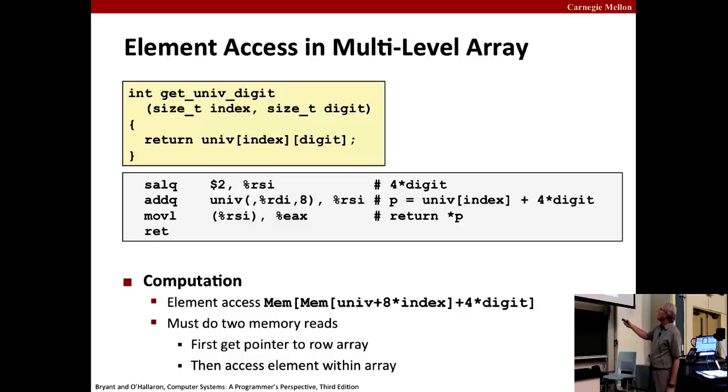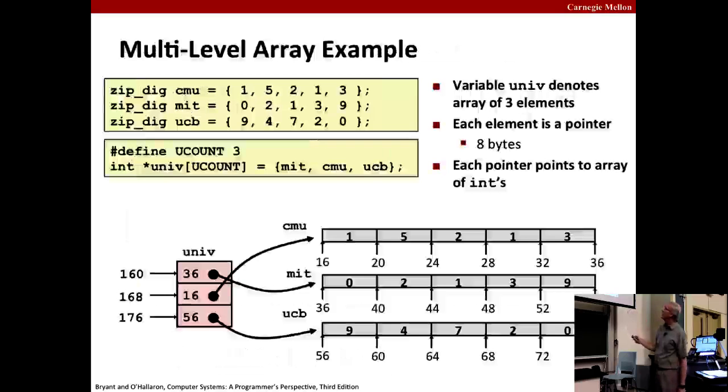And then it takes that number and adds to it the value I get by reading from the array univ, but using the index, scaling it by 8 to actually do a memory reference. So remember, this instruction, and it looks a little weird, is actually doing a memory reference here of this 3-element array I've called univ.